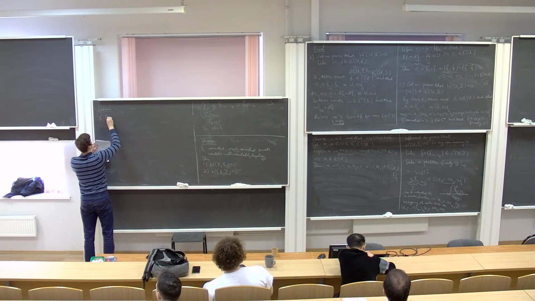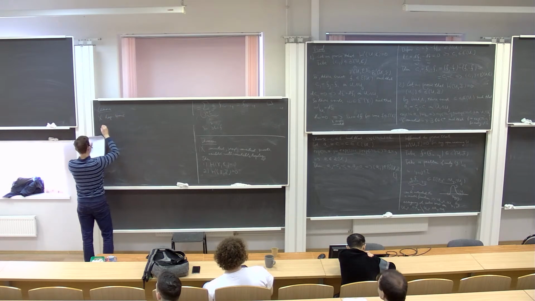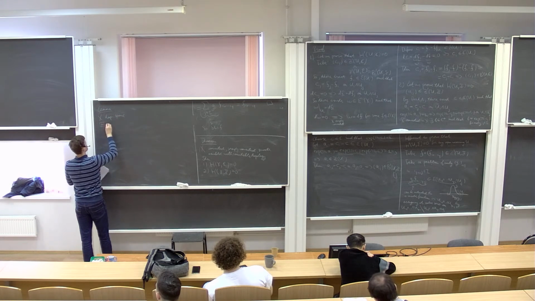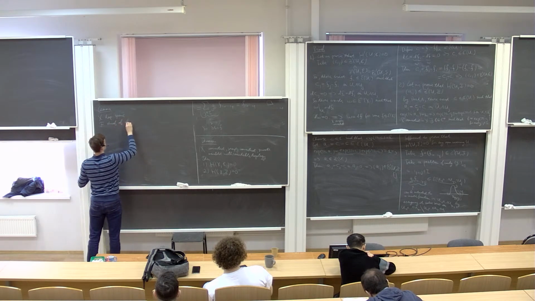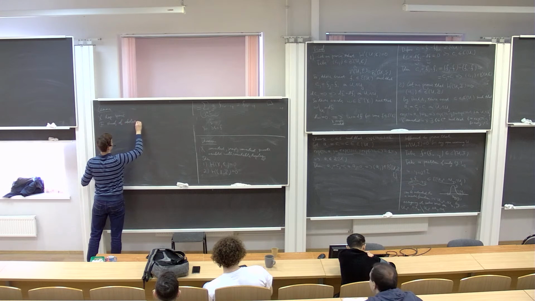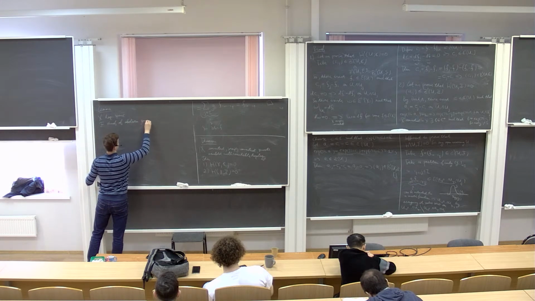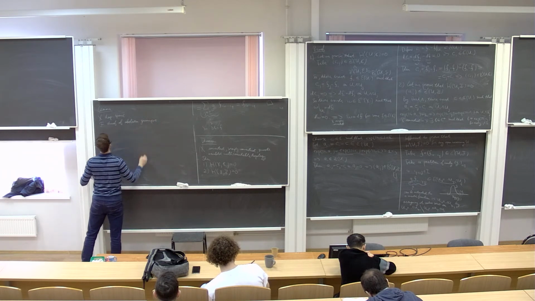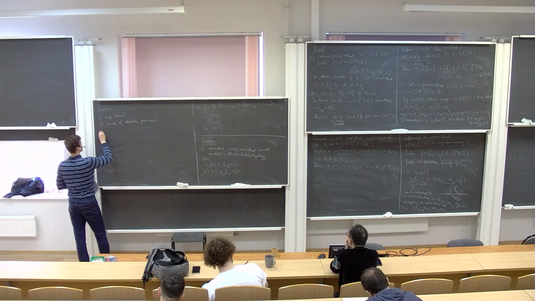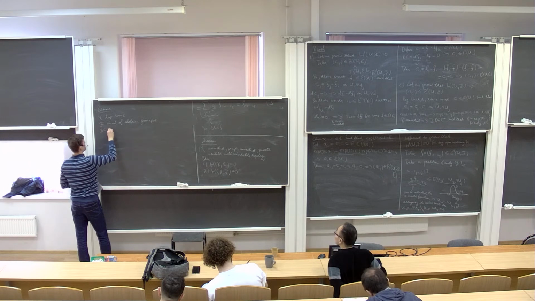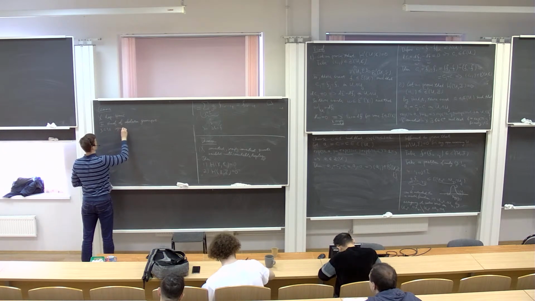So X is a topological space, in the most general situation, F a sheaf of abelian groups, and we have an open covering and a finer covering.